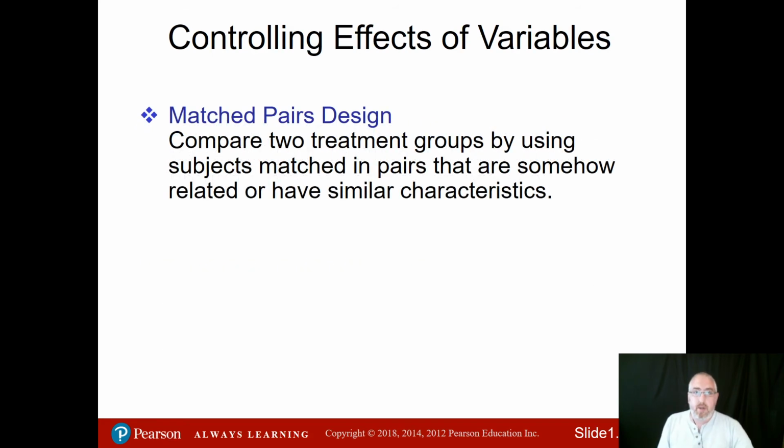Matched pairs. Compare two treatment groups by using subjects matched in pairs that are somehow related or have similar characteristics. So what's a matched pairs design? Somehow related or have similar characteristics. What about identical characteristics?